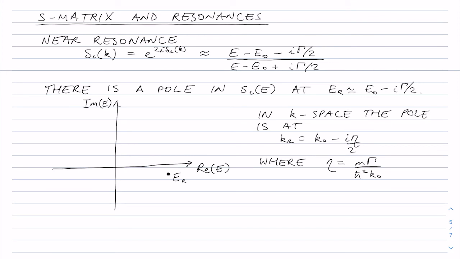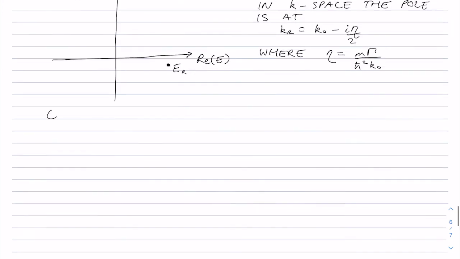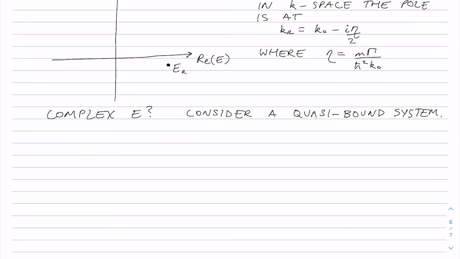What does it mean to have a complex energy pole? So consider, if you will, a quasi-bound system. This is energy versus R. And let's say we have some potential that looks something like this. This is U of R. That means that there are going to be bound states like this.